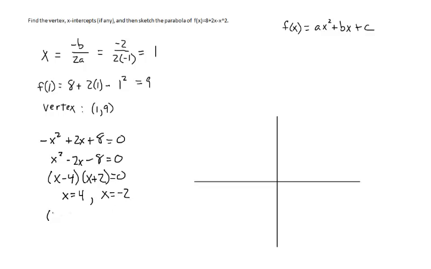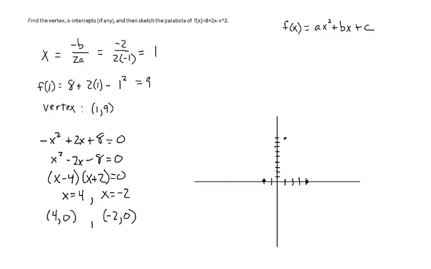So that means (4, 0) is a point on our graph, and (negative 2, 0) is a point on our graph. So now let's graph it. We're going to graph the vertex and the two x-intercepts in order to draw this. So I have 1 and 9. So (1, 9) is a point on our graph, and (negative 2, 0), and (4, 0).